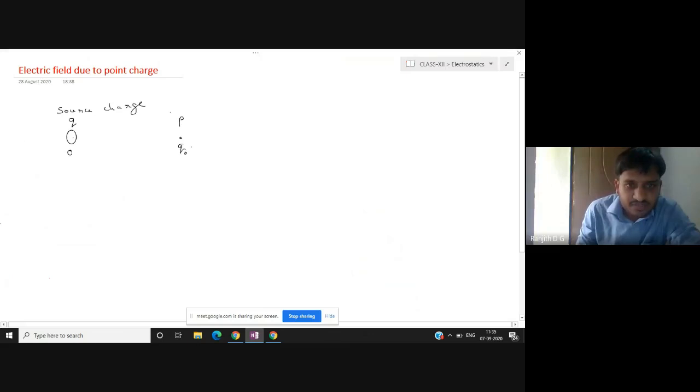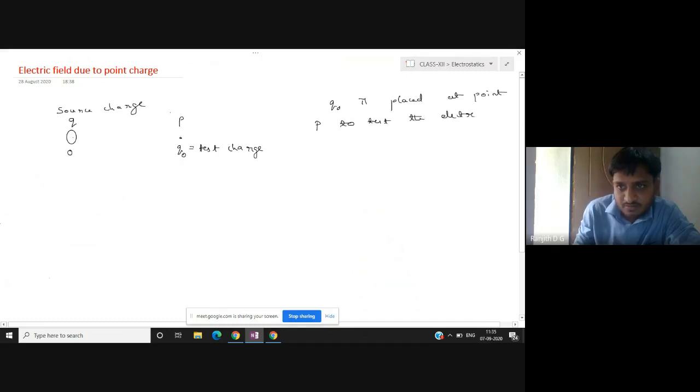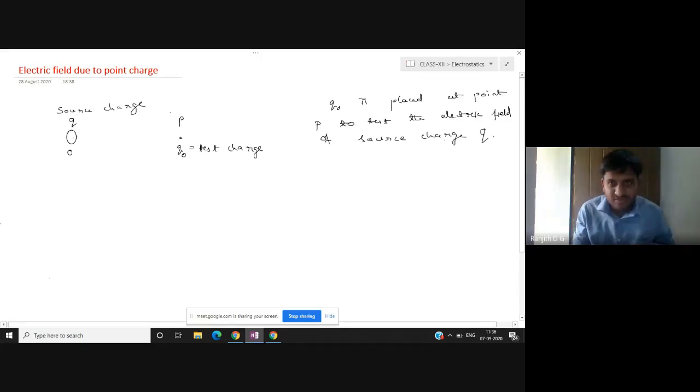The trick is, I assume that I am placing Q naught, the test charge, at point P, to test the electric field of the source charge Q, to find out whether the electric field exists or not.